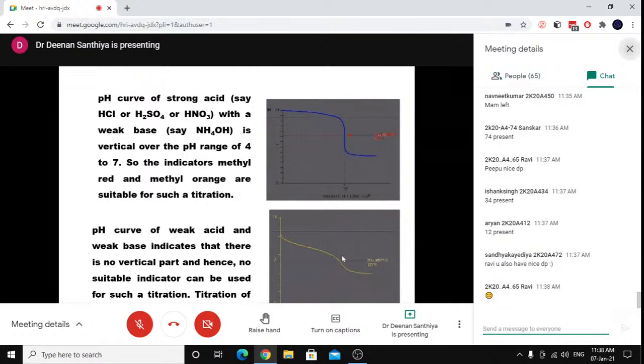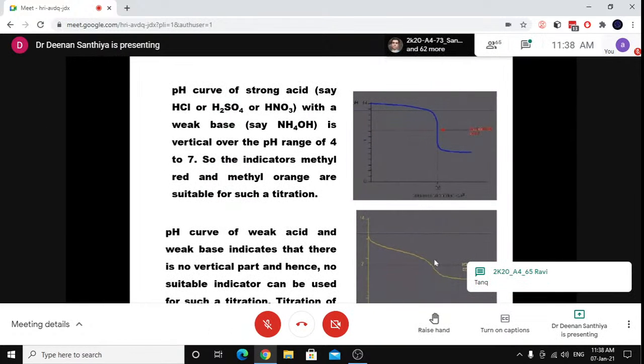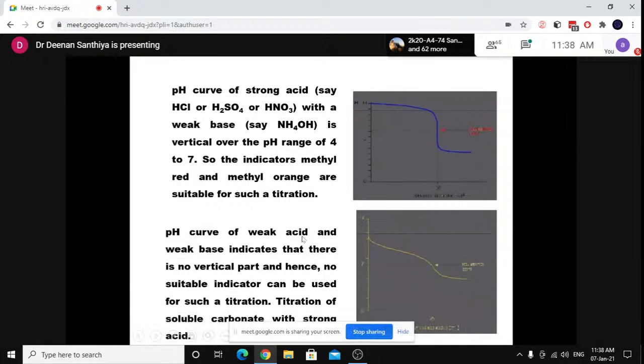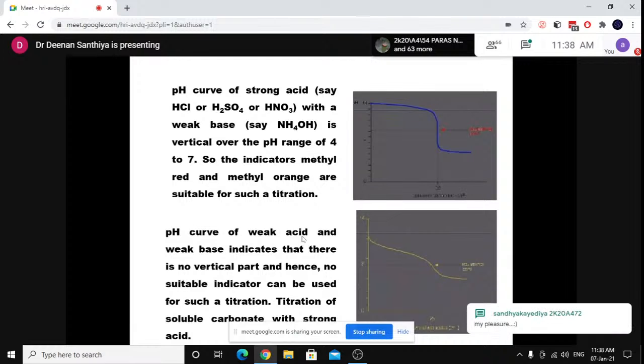Madam, why is there a short change? Because there is a weak acid and a weak base. The weak acid's dissociation into H plus ions and the weak base's dissociation into OH minus ions is not so easy. It's a reversible reaction.